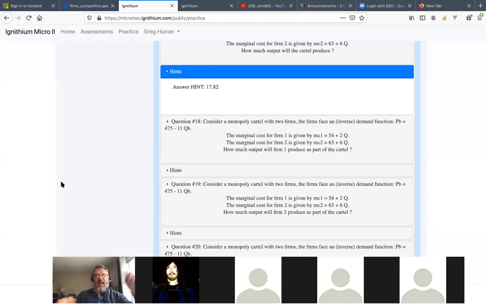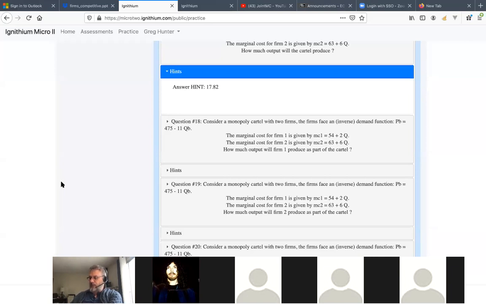Remember, that's the value of marginal revenue. We found the total quantity, QT, by finding where marginal revenue crosses the joint marginal cost function.